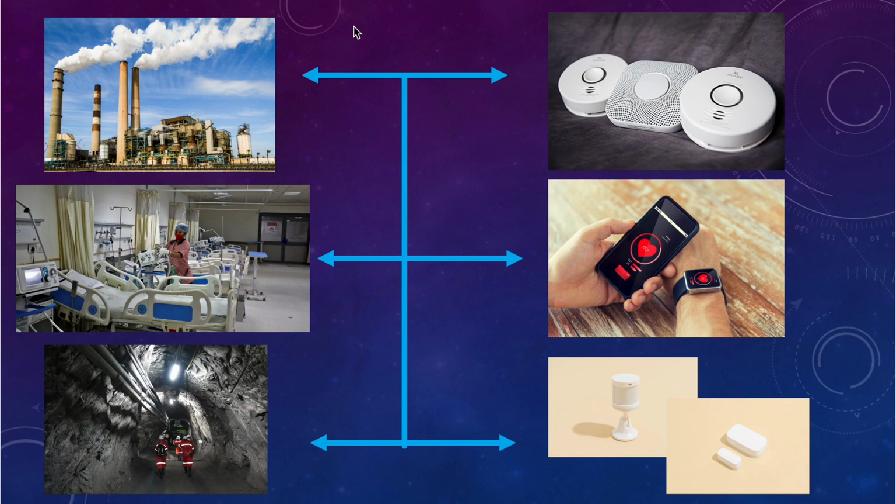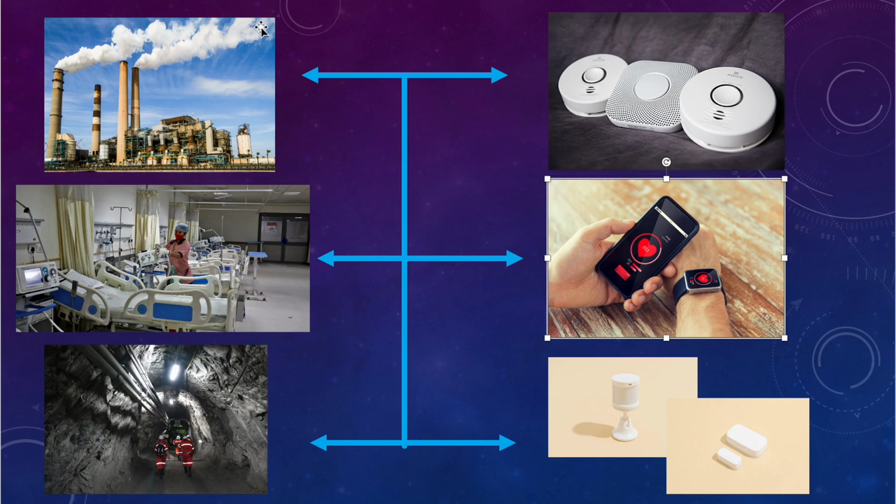So this example is mainly there to show that IoT devices, which could be different in nature, can be used in different scenarios. Smoke detectors can be used in all three scenarios.